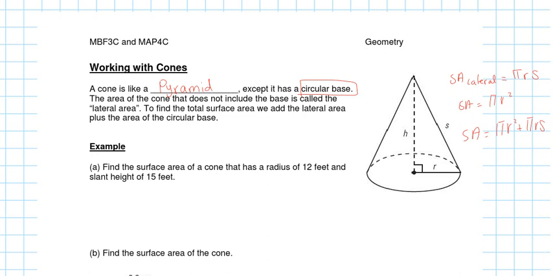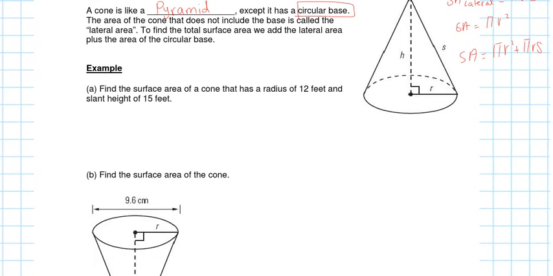So find the surface area of a cone that has a radius of 12 feet and a slant height of 15 feet. So they already gave me the slant height, which is good, because then I don't have to do any extra work. I just have to plug it into the formula and then find my answer. My radius is 12.